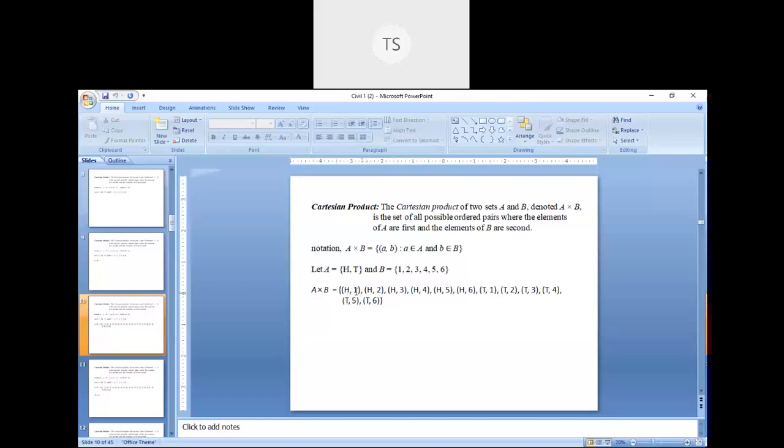Then I have only changed the second element, which is from set B. So H1, H2, H3, H4, H5, H6. Next I will start with T. So T1, T2, T3, T4, T5 and T6. Is it clear? Is it clear how to write the Cartesian product? Okay.